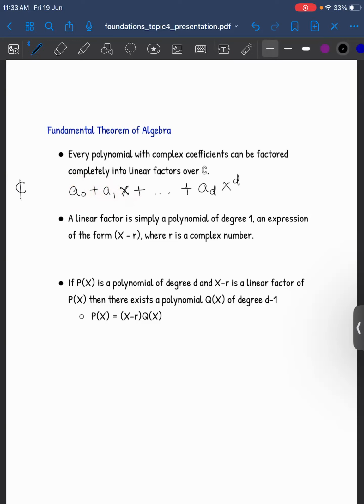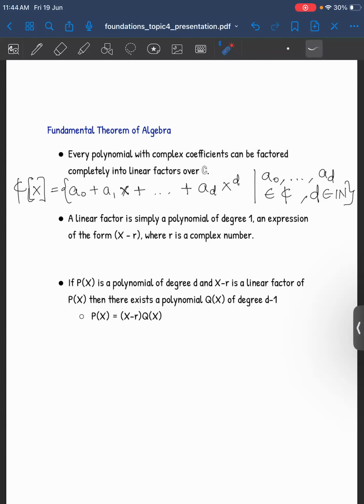So we use this notation to denote the set of polynomials over complex numbers, where the coefficients are essentially coming from the set of complex numbers. So a0 to ad here are in the set of complex numbers, and d is an arbitrary natural number.